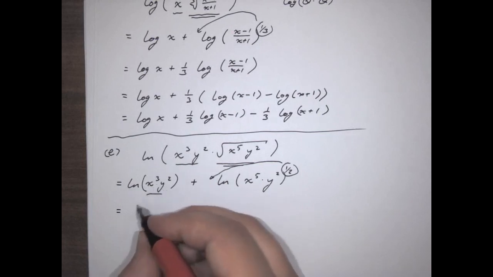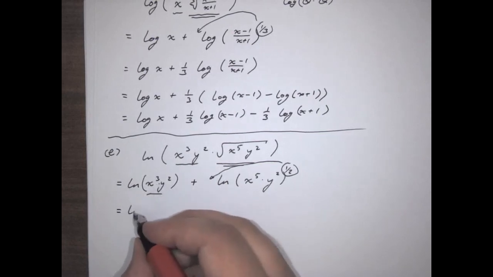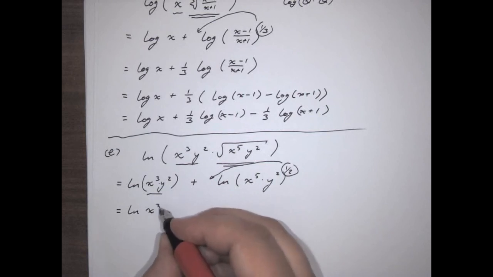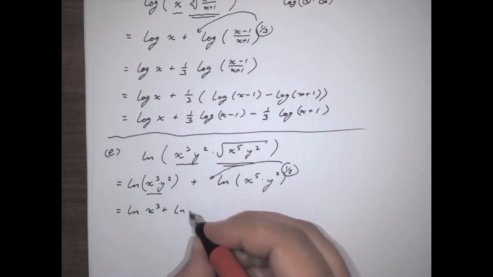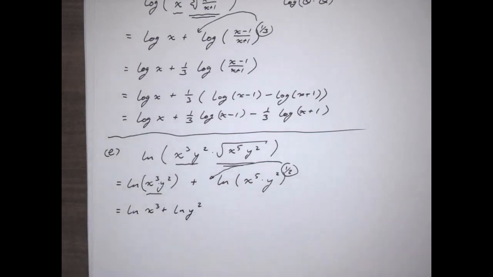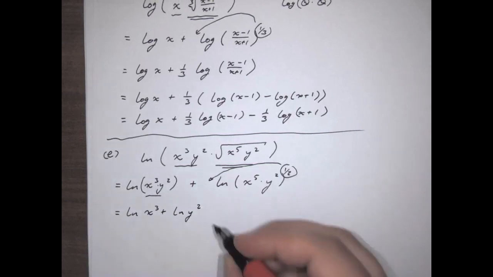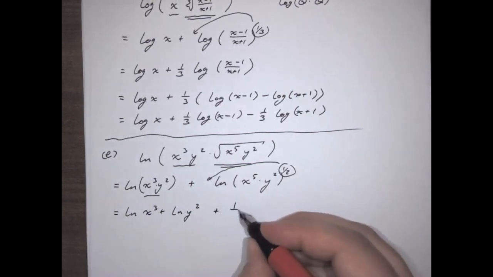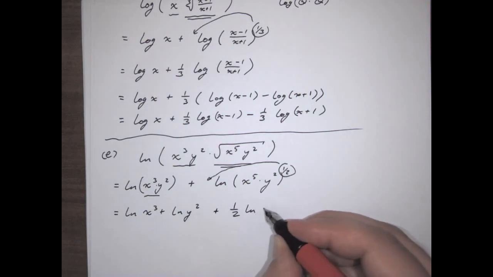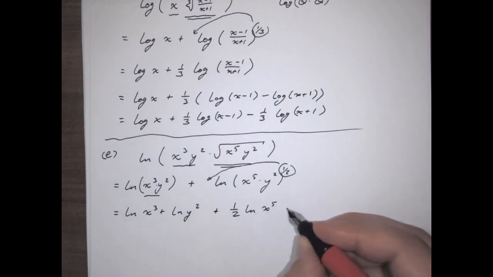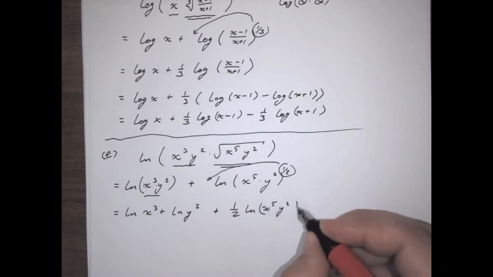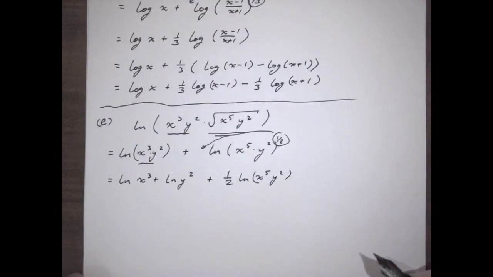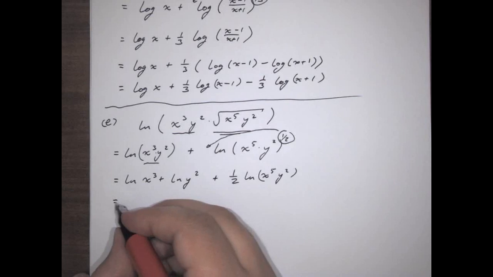Here, we've got a product. So it becomes a sum. Here we've got 1/2 ln x to the fifth y squared.